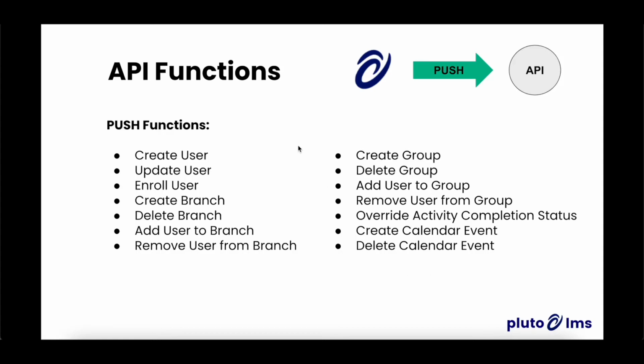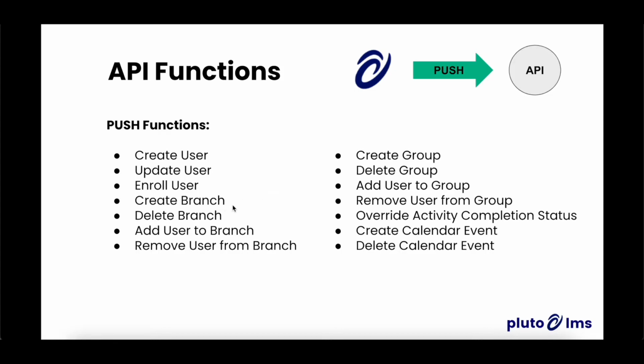I'll give a few examples for some of the popular ones, but some push functions include creating a user, updating a user, enrolling a user. In other words, from your API, it will push data to the LMS in order to create these functions. So when you create a user, update a user, enroll a user, the API will send information to Pluto LMS.